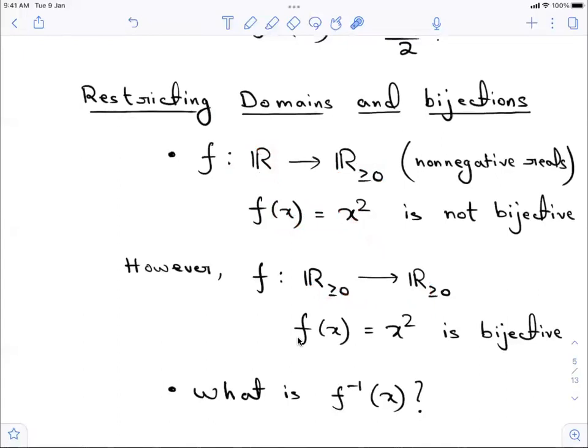That's because this function is clearly onto, and every positive real number has two pre-images, right? So every y over here has two pre-images, namely square root of y and minus square root of y. And by restricting our domain to only non-negative real numbers, we are getting rid of the minus square root of y part.